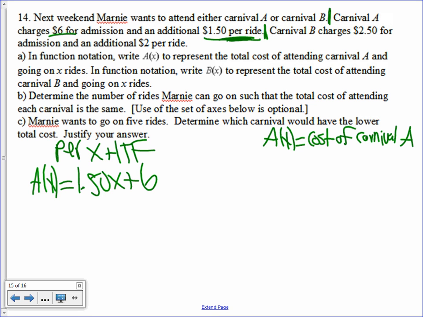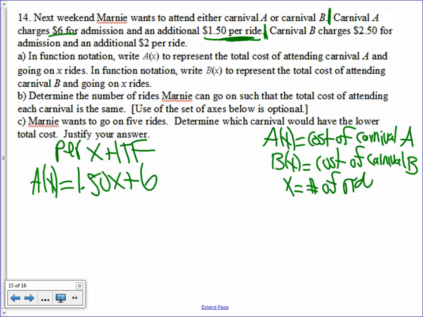And I'm going to use B of X for the cost of Carnival B. And X is the number of rides. It's per ride. So that's what that is. B of X. I'm going to read my next sentence now.